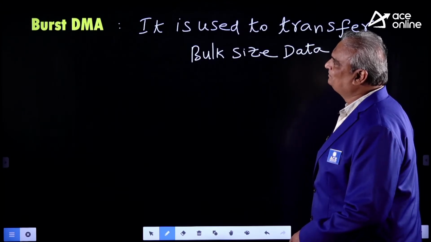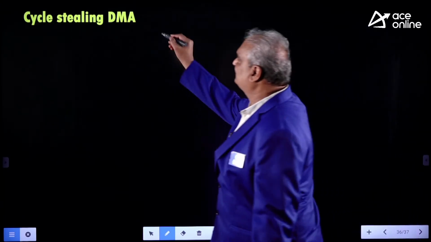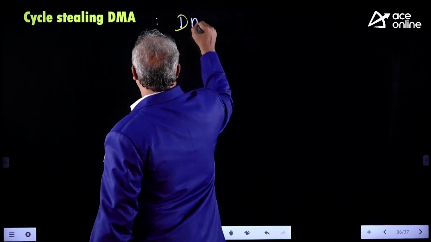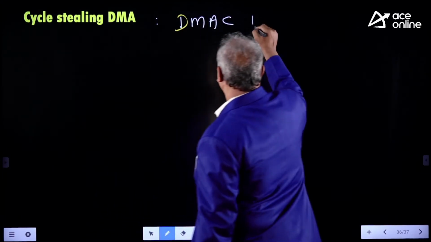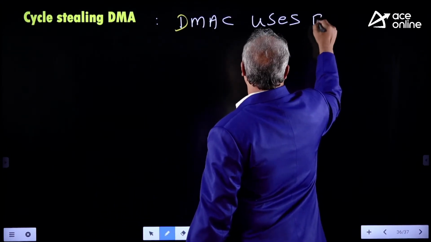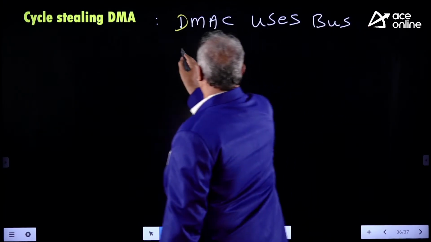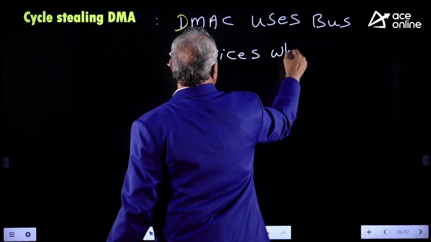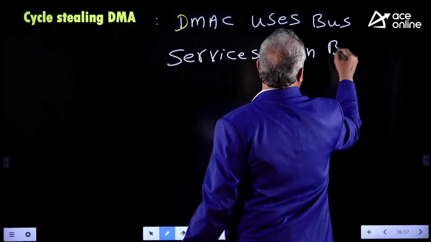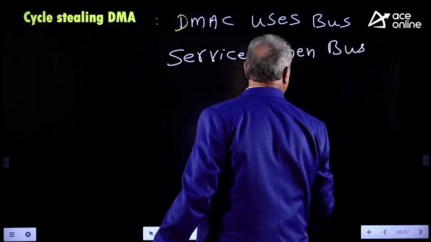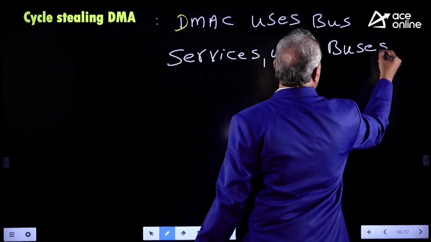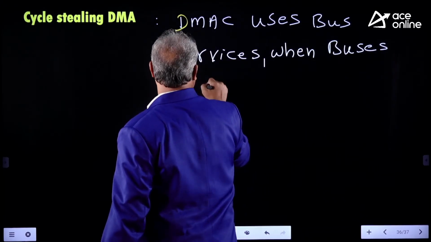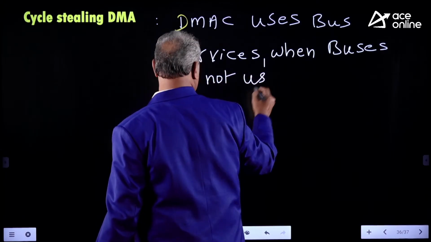What about the next one? Cycle stealing. In this, the DMA controller uses bus services when buses are not used by the processor.